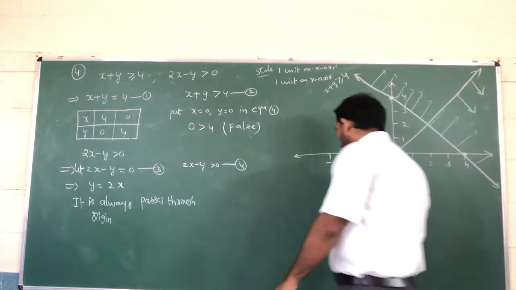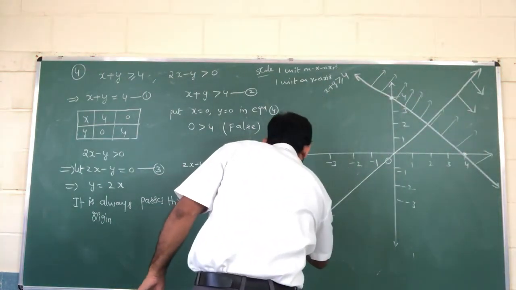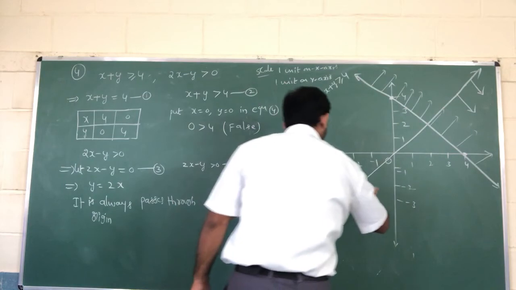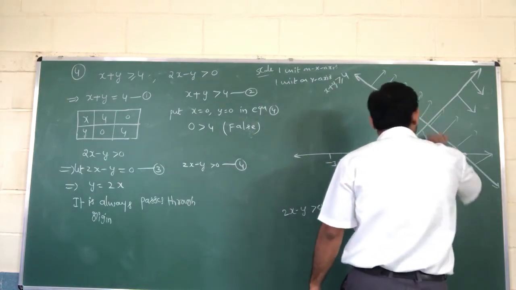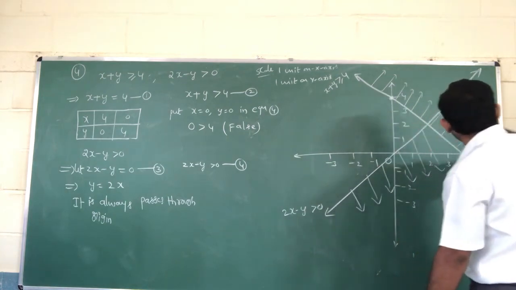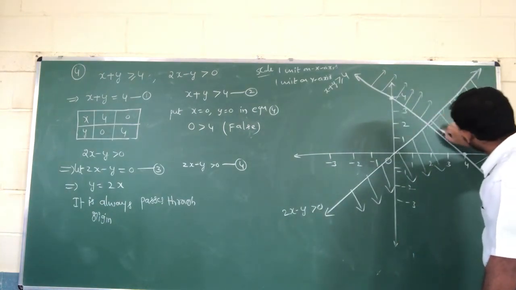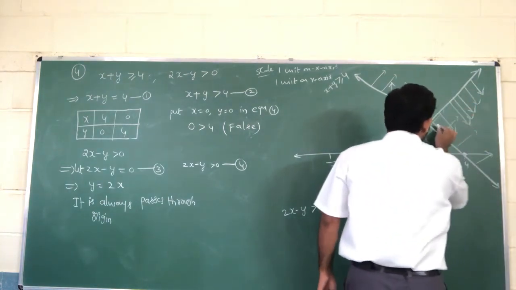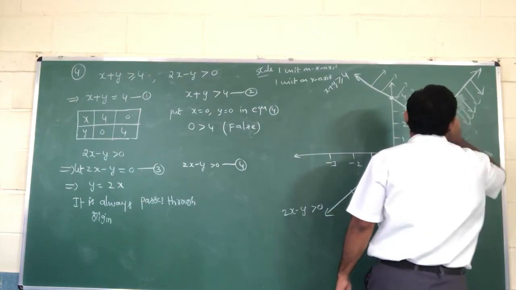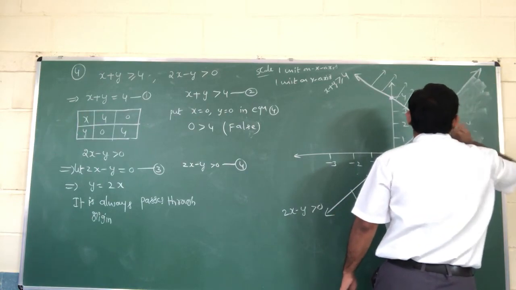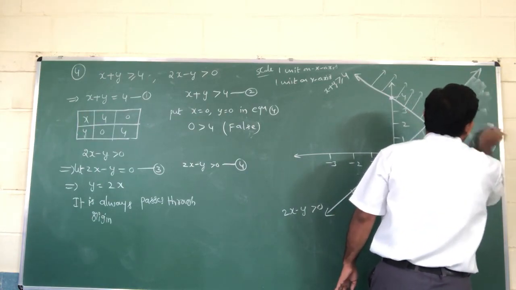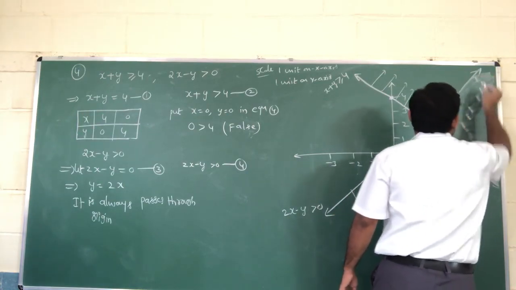For 2x minus y greater than 0, you have to shade below the line. You put arrow marks below the line. So both arrow marks were intersected here only. So you have to shade this.